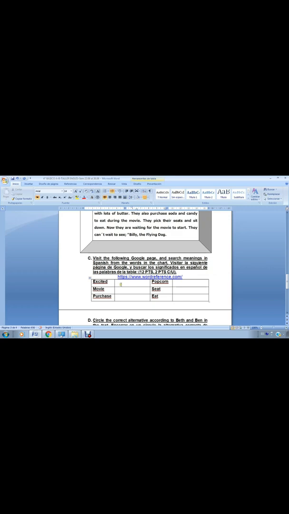Wordreference.com. The first word says, la primera palabra dice, excited. Excited in Spanish means, excited en español significa emocionado o emocionada.